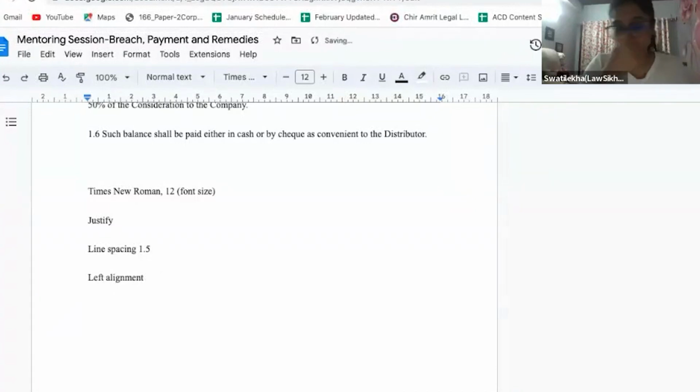Two more things I'm adding here are uniform font and numbering.